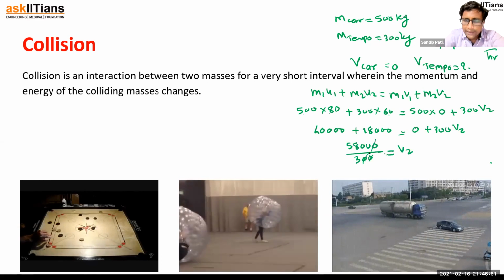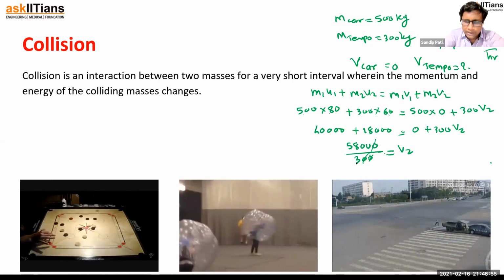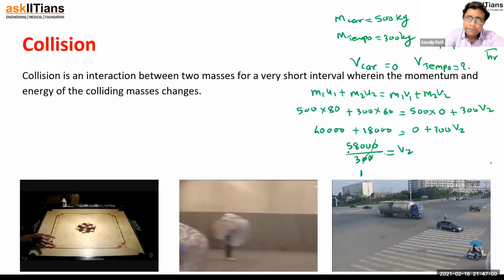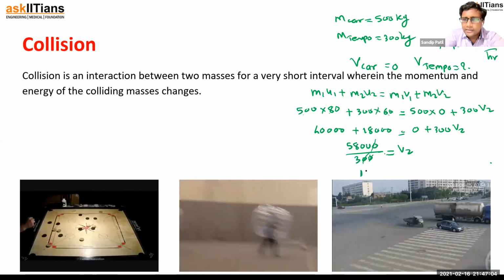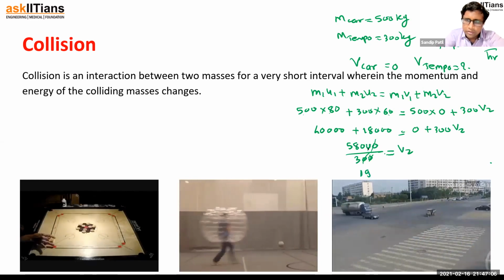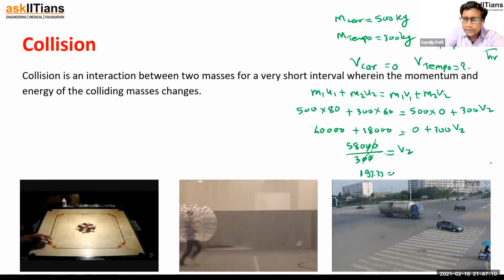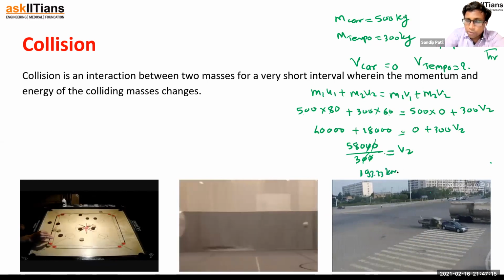So your 0 will get cancelled, and this will become approximately 193.3. Right? So this is the speed of that tempo.